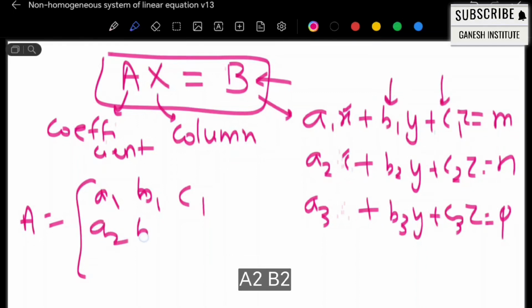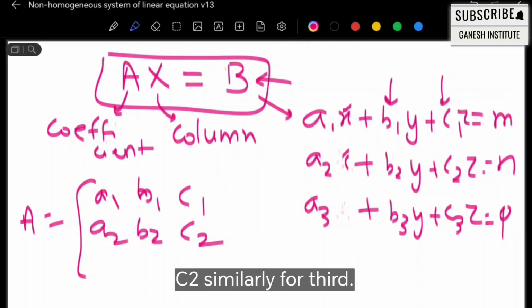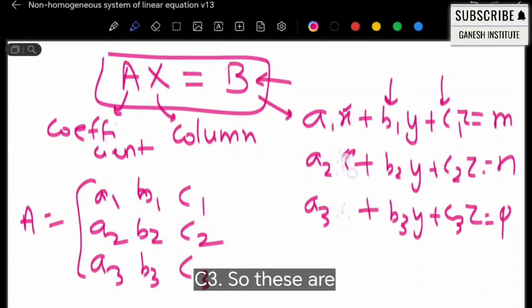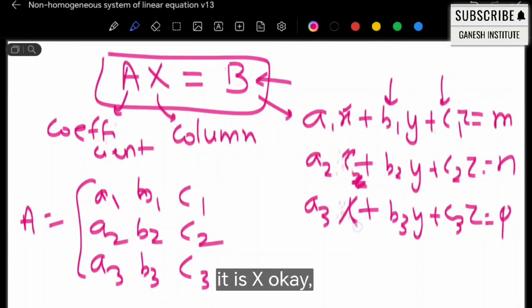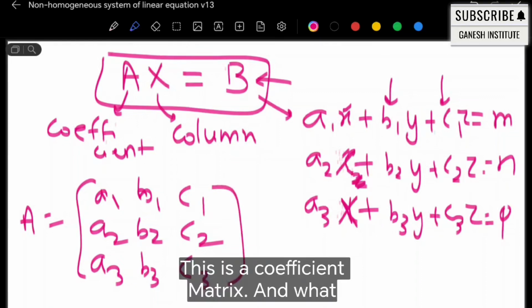Then a2, b2, c2. Similarly for the third equation, a3, b3, c3. This is a coefficient matrix.